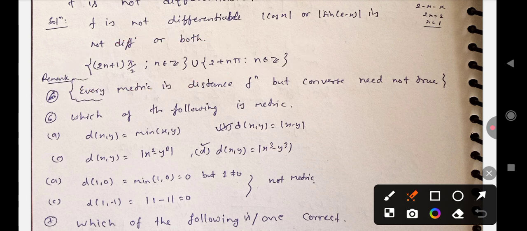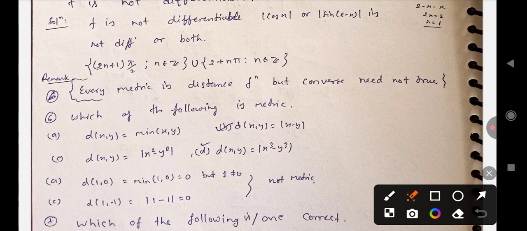Now the remark is that every metric is a distance function. We know distance function and metric space. What do we mean by metric space? A metric has some properties; if a distance function satisfies them, then we call it a metric. So every metric is a distance function, but the converse need not be true.